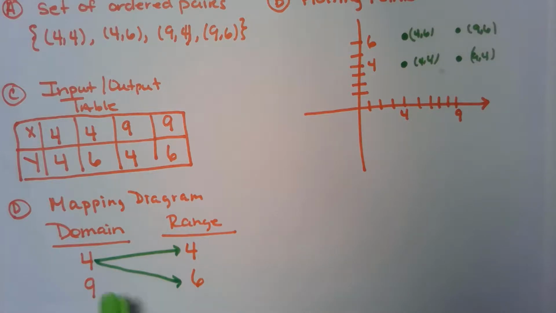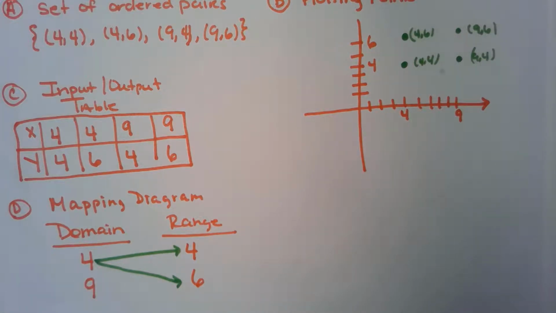So basically what this is saying is your x value can only be paired with exactly one y value. Now, as we look at this example, this 4 is being paired with the 4 and the 6. That's not what we want. So we would say that this is not a function.